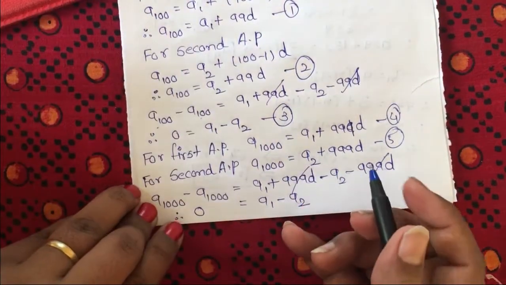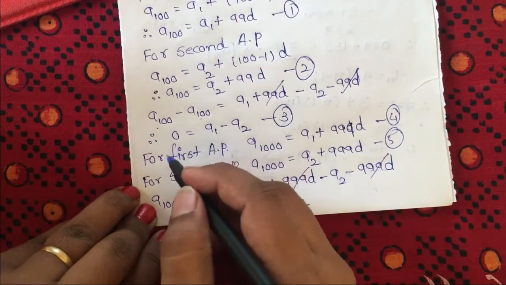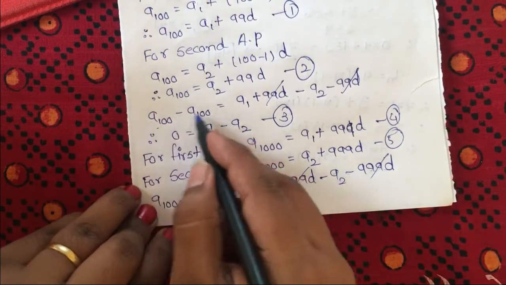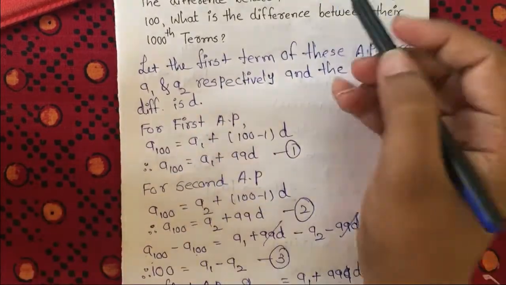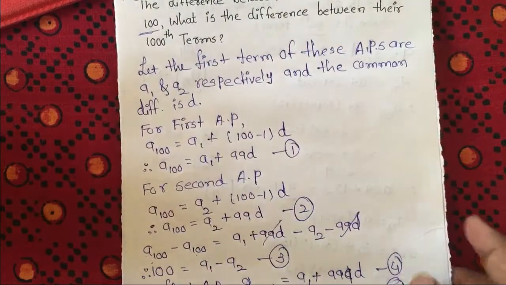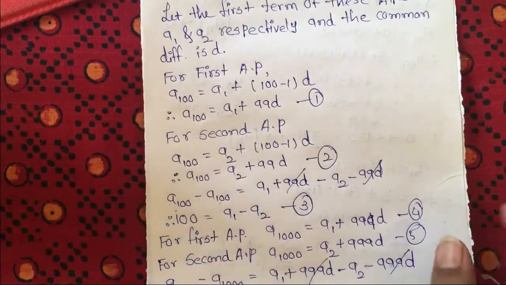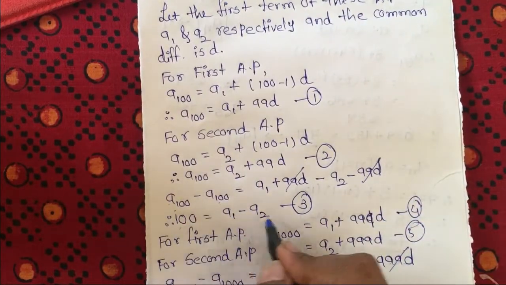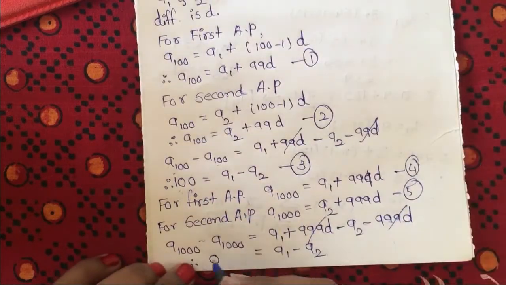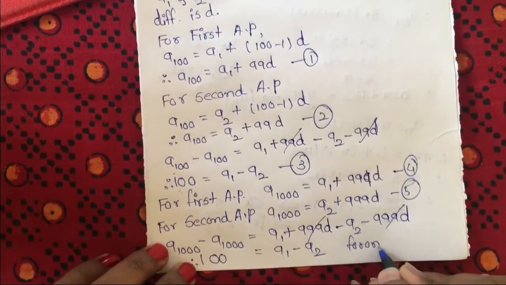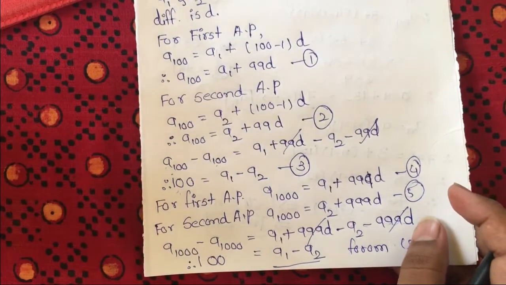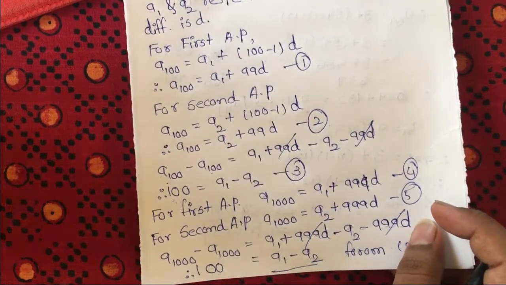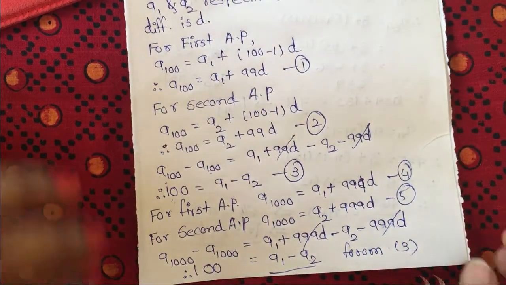But as we all know that the difference between this 100 term is given 100. So you can have, that is A100 minus A100 is equals to 100. So A1 minus A2 is equals to 100. So therefore this is again 100 from equation number 3.